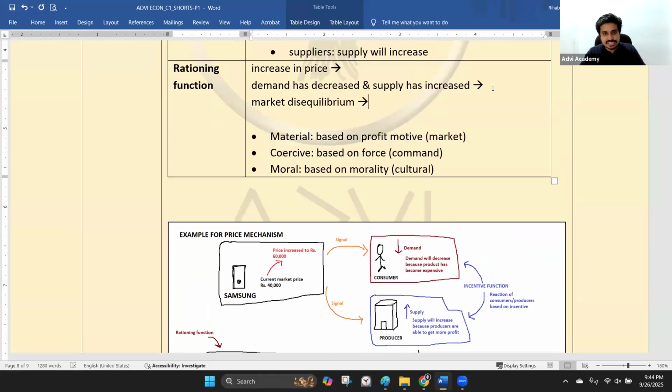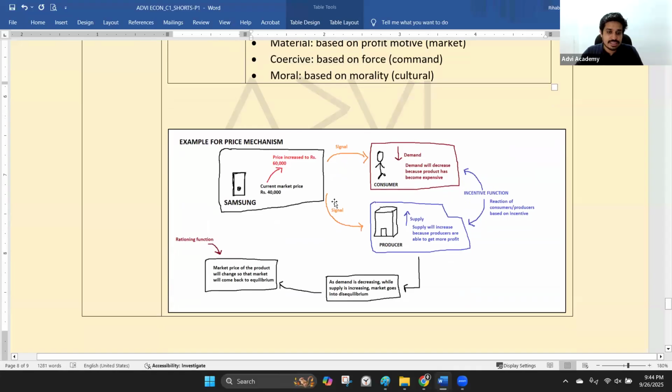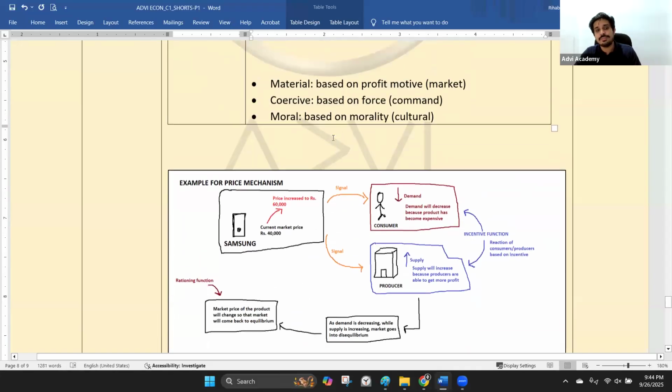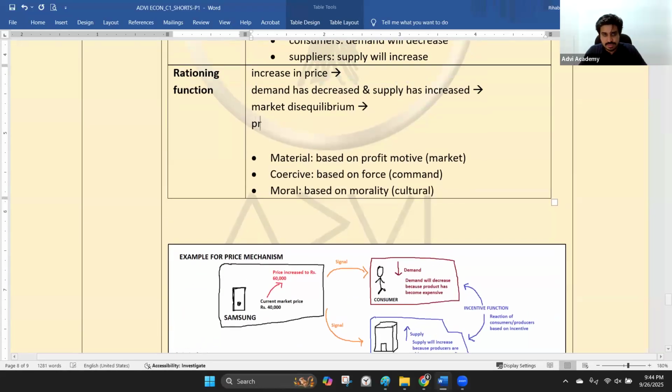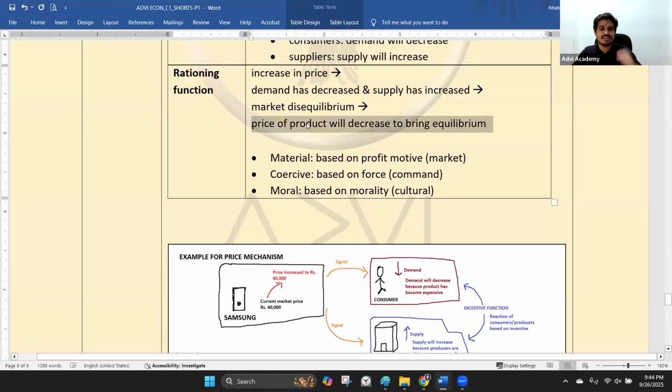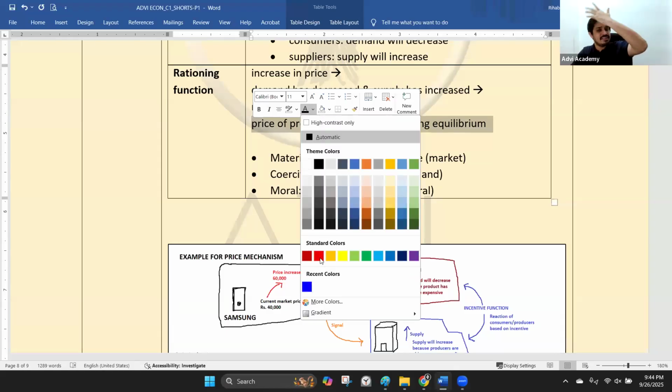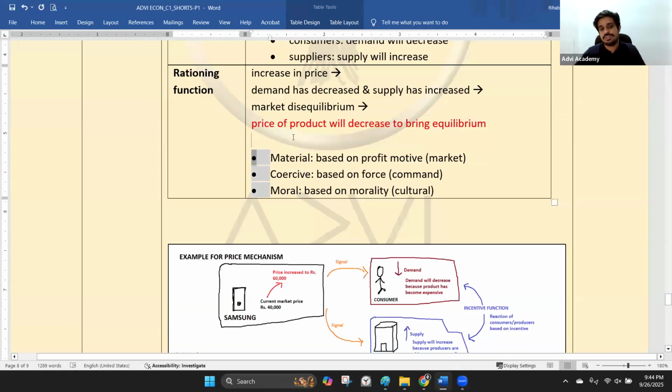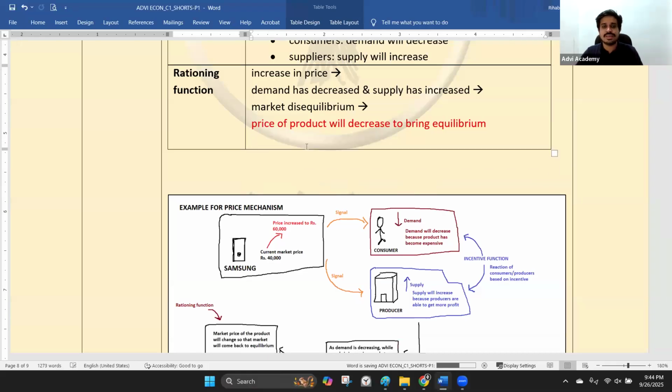And now that market disequilibrium has happened, the price of the product will decrease to bring back equilibrium. This decrease in the price of the product is basically what we call the rationing.